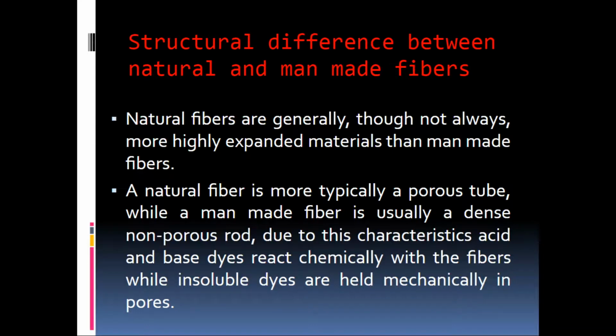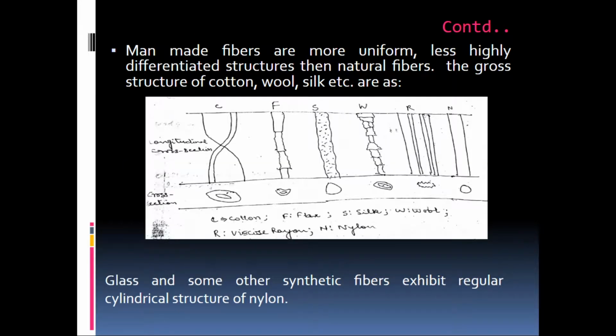Due to these characteristics, acid and base dyes react chemically with the fibers, while insoluble dyes are held mechanically in pores. So the man-made fibers are more uniform, less highly differentiated structures than natural fibers.